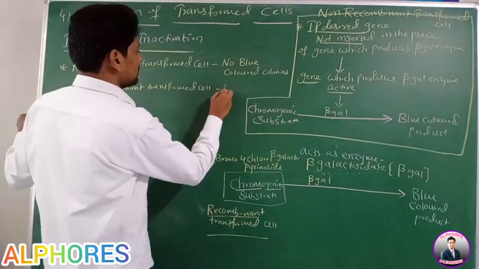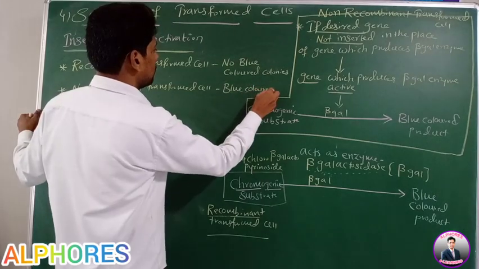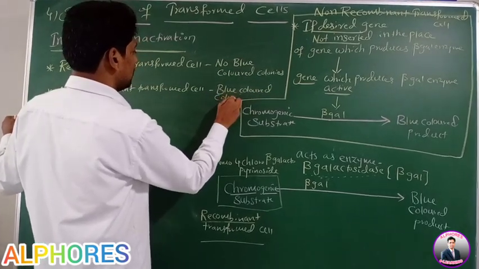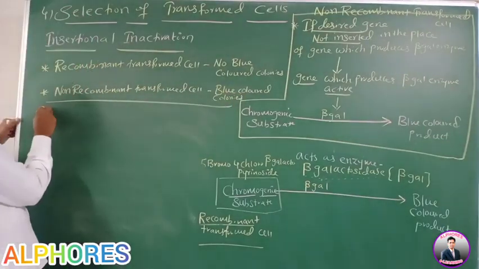Non-recombinant transformed cells means you are going to get blue colored product, or blue colored colonies. Is this statement okay? Right?